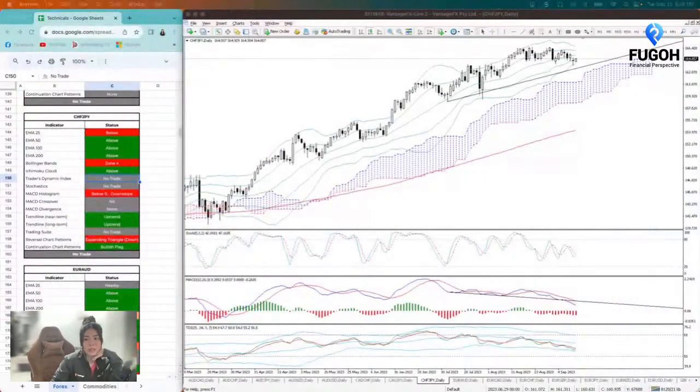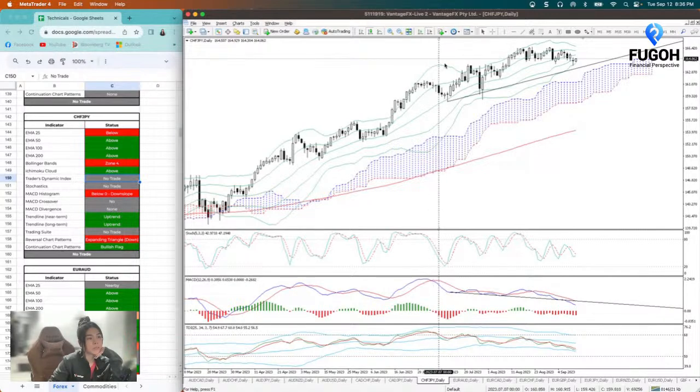So in short, for this pair, it could still go higher. When was that? The divergence was seen from here to here, and you can see that it's still within the uptrend, yes, but it's struggling already.